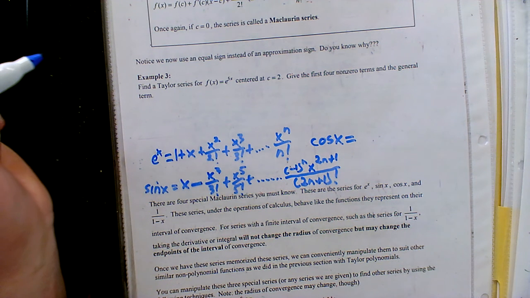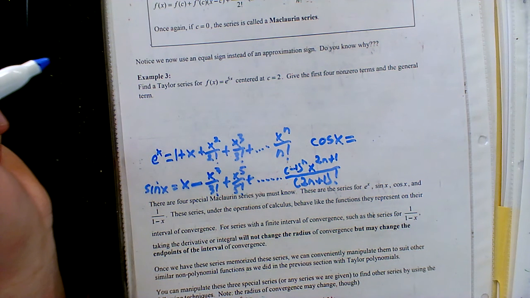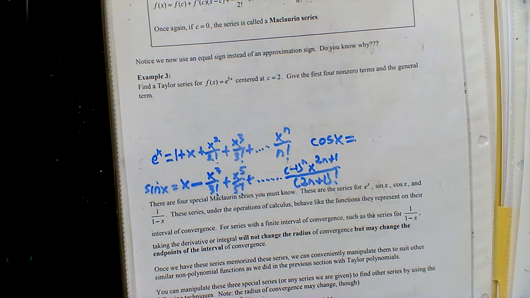And then we said from sine of x you can find the cosine of x. So what would the cosine of x formula be? Taylor polynomial. Remember, we found a way to find cosine of x from sine of x. Go ahead.